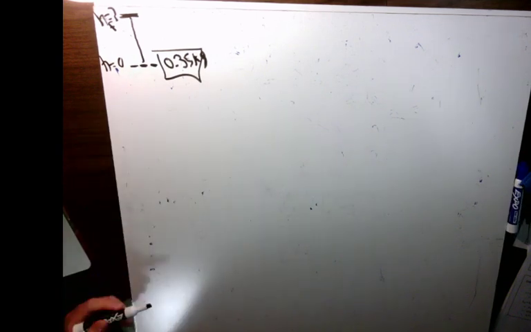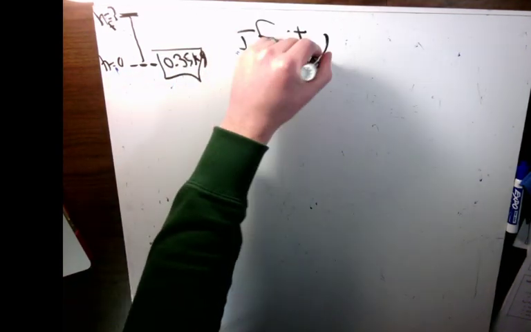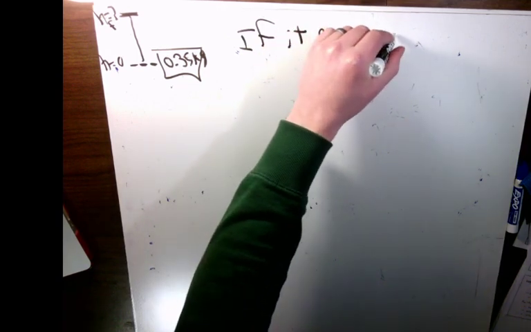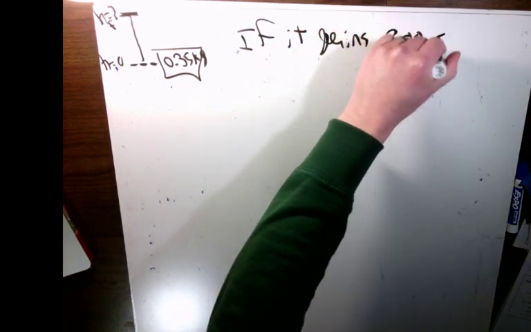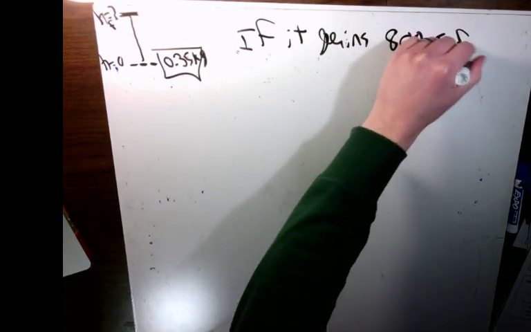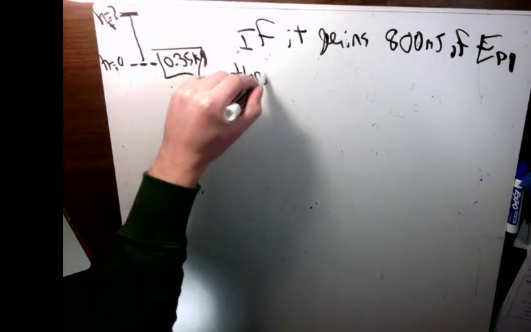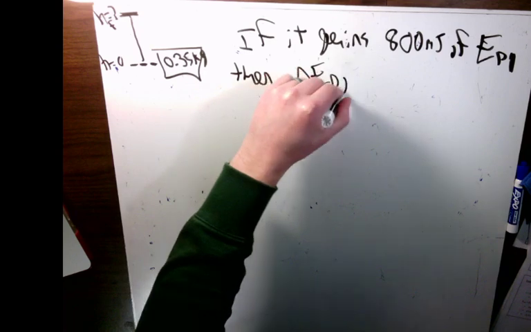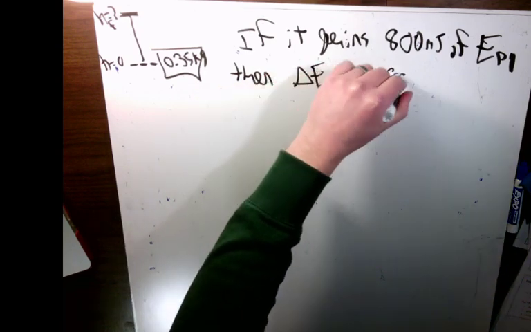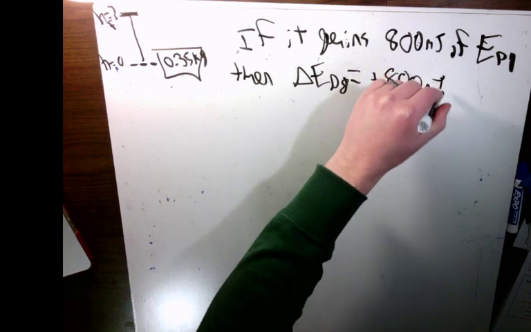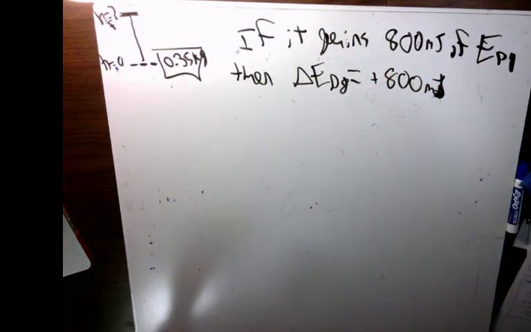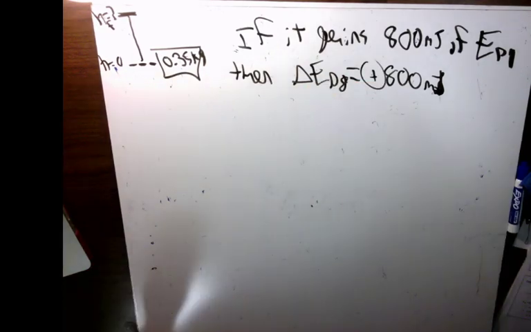And we know that the energy that it's gaining is equal to 800 millijoules. So if it gains 800 millijoules of potential gravitational energy, then our change in potential gravitational energy is equal to positive 800 millijoules. Right? It's gaining, not losing potential energy, so we have a positive.